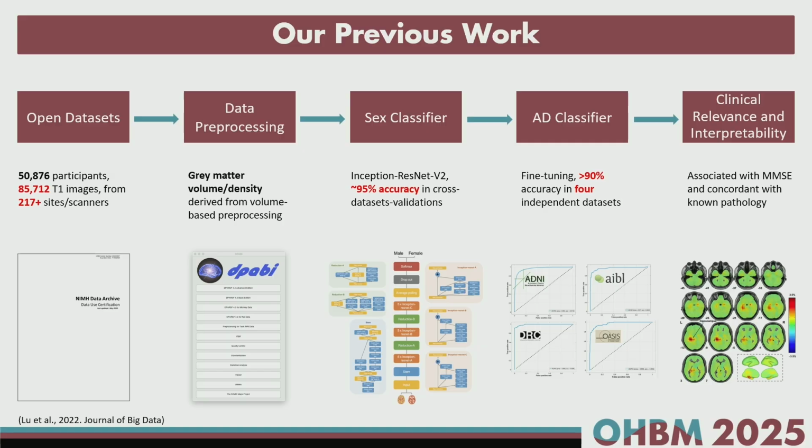We used DeepRB to preprocess them and got gray matter density and volume maps to train a convolutional neural network. The network was first trained for sex classification, and it achieved around 95% accuracy in cross-dataset validation. After that, we fine-tuned the model to an AD classification model.